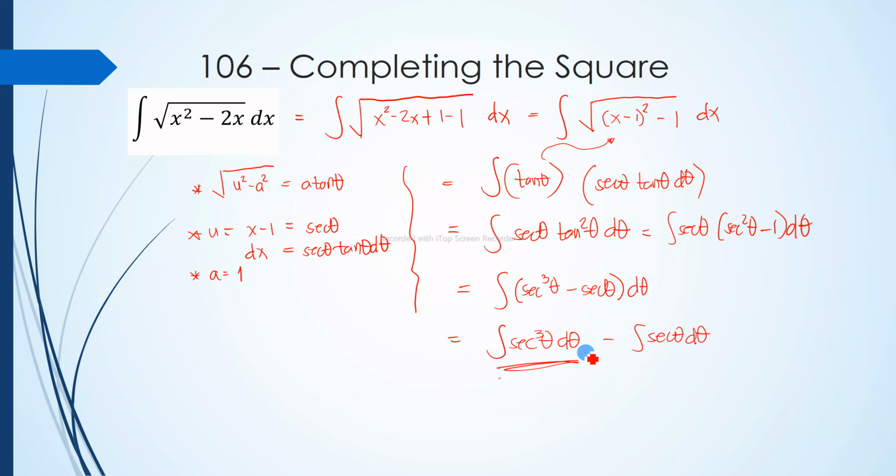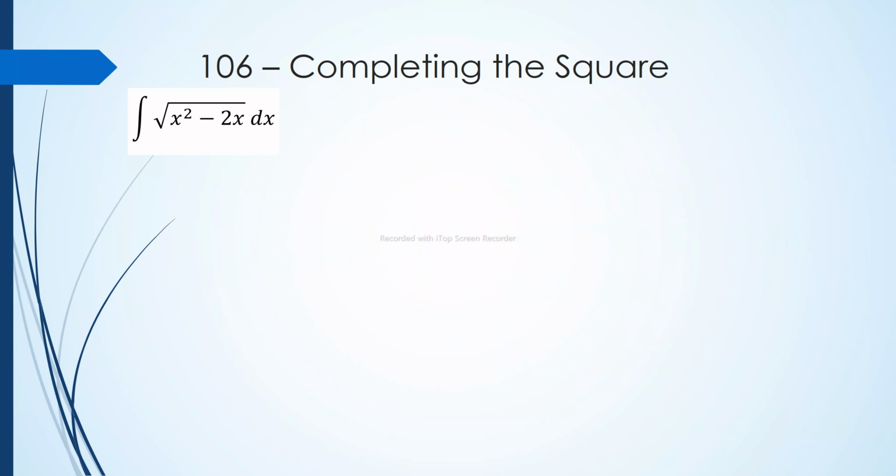So we have two integrals, and this one is different, so let's solve it first. First, the first term, we have the integral of secant cubed theta d theta.